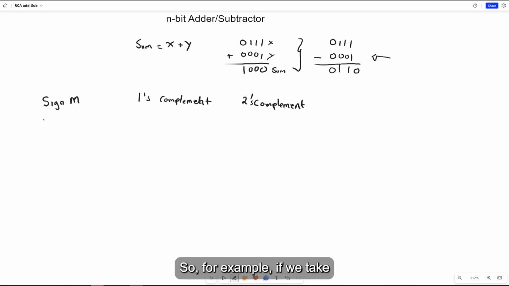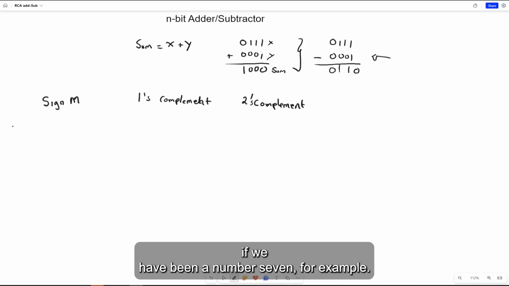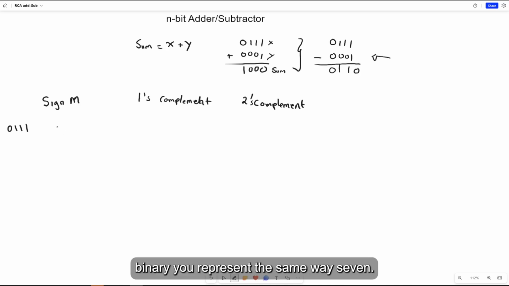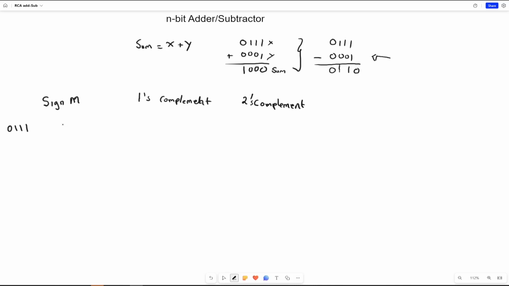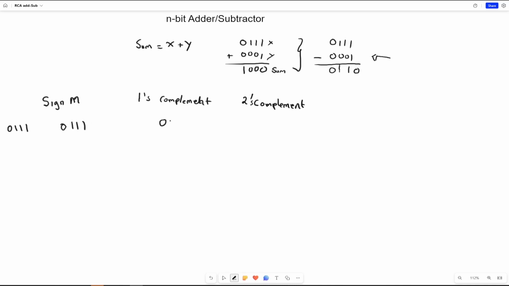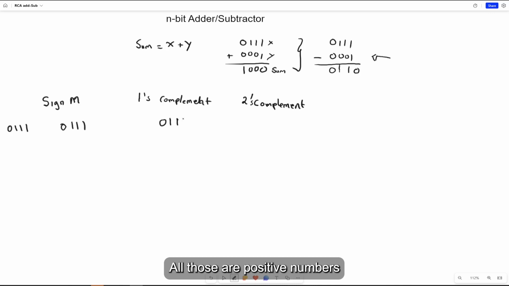So for example, if we have the binary number 7, in binary you will represent it as 0 1 1 1. In first complement this is the same, because all those are positive numbers, and in second complement 7 is the same too.